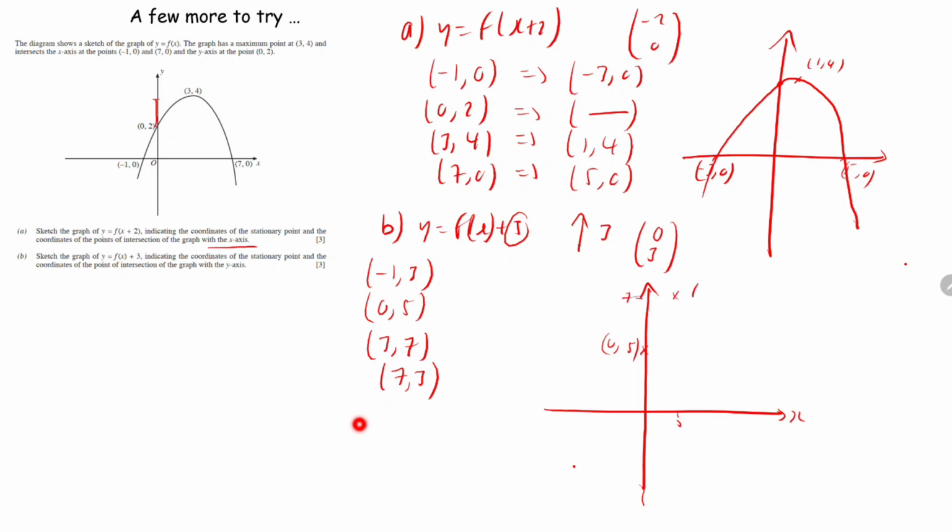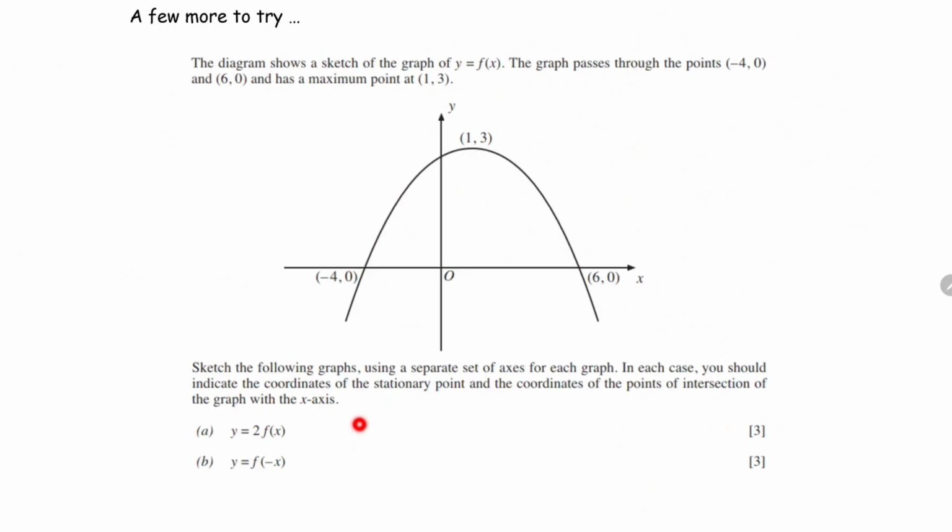Well, that's 3 and that's 7. So our graph does something like this. You notice it doesn't ask for where it crosses the x-axis. Okay, that's because we don't know what the curve was and we don't know where it's going to cross those axes at the bottom. Okay, next one to try.